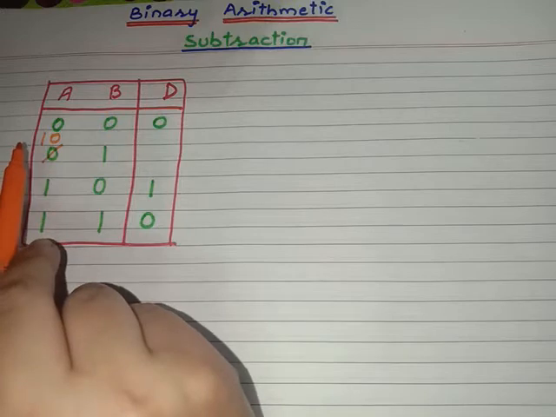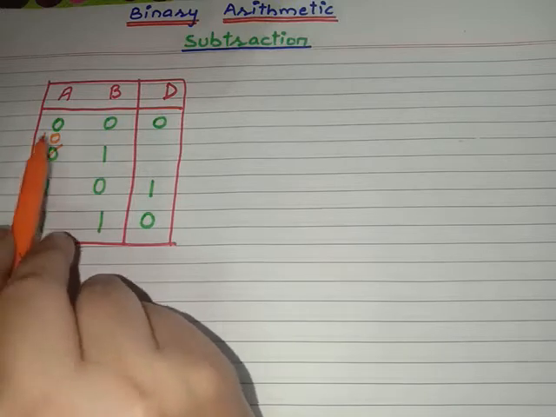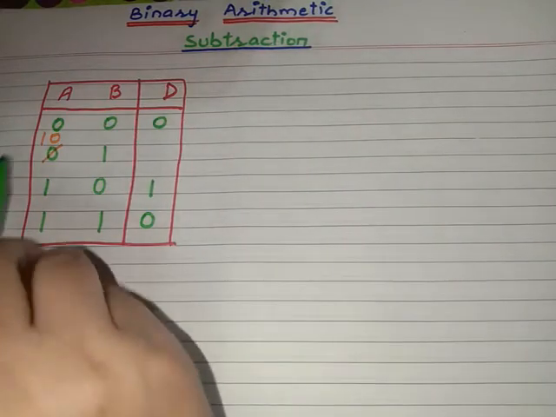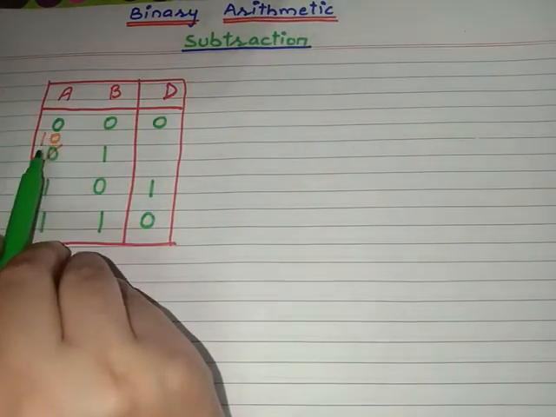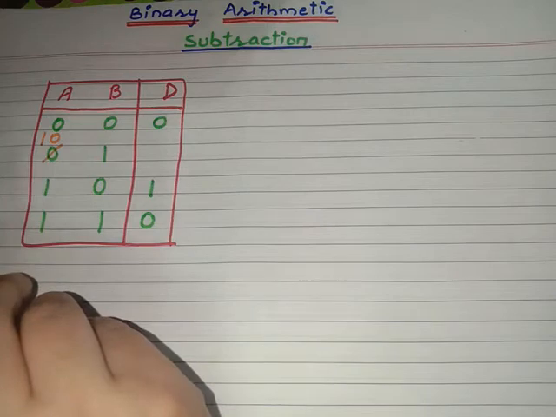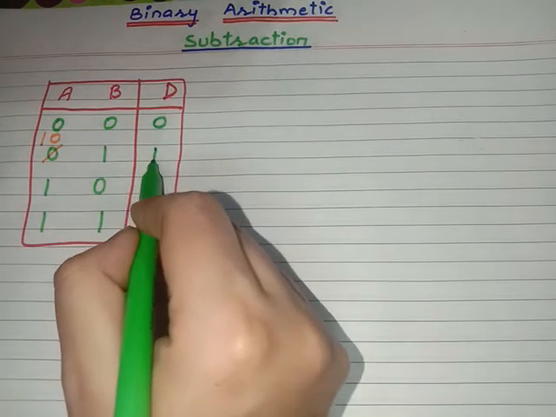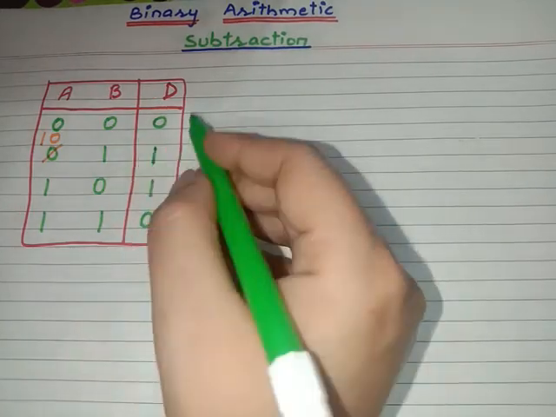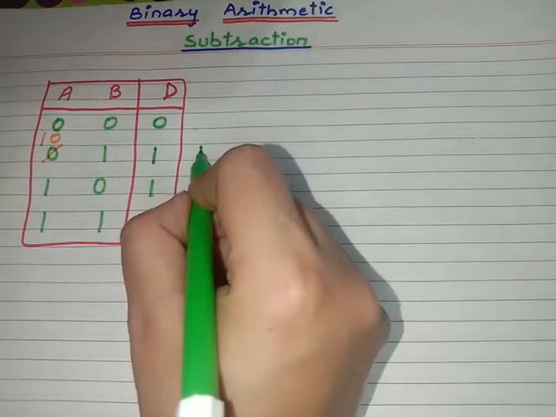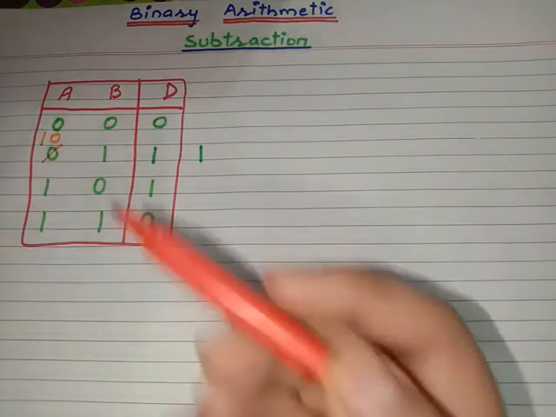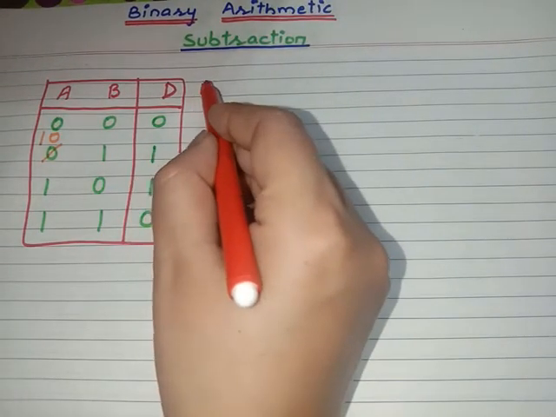As we know, 1 plus 1 is 10, so 10 minus 1 will be equal to 1. 10 is 2, we can write 2 in binary as 10. So 10 minus 1 is equal to 1. So the difference is 1, but we have taken a borrow of 1. Here we can make one more column for the borrow also.